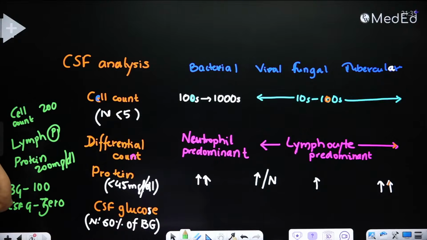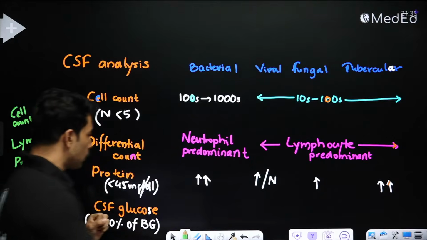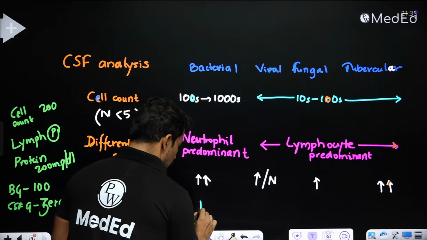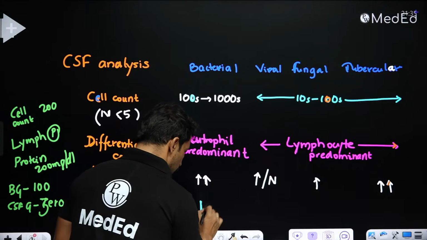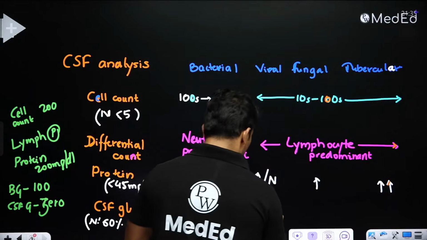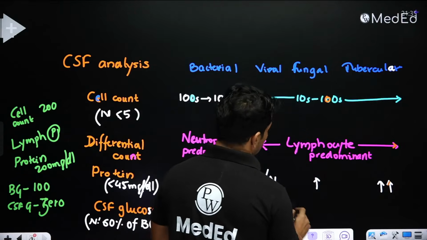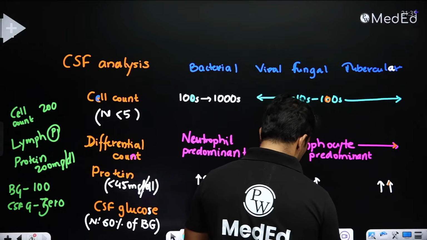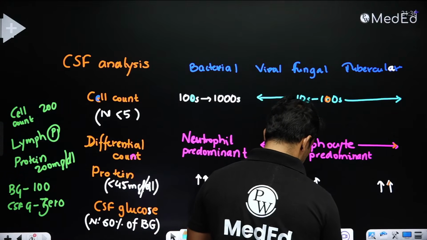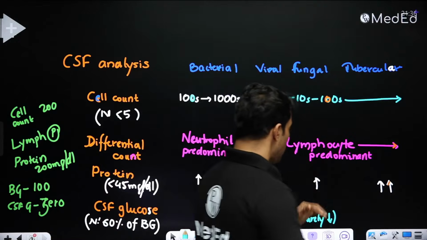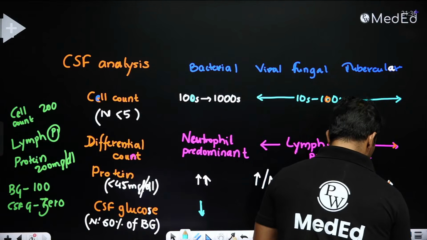Okay, so what it could be, let us see. The CSF glucose is usually decreased, sometimes not detectable or as low as 0 in bacterial. It is usually normal in viral, and it's also usually normal in fungal, rarely decreased in fungal, and in tubercular it is often decreased.